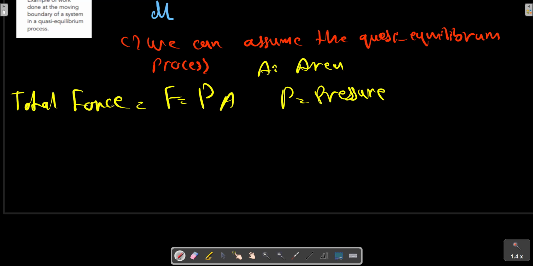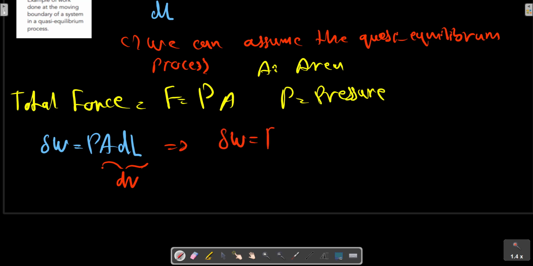Therefore, the work is PA multiplied by the distance, which is dl, or we can write it as P dV, delta W is P dV.